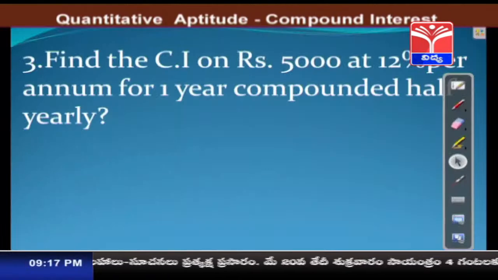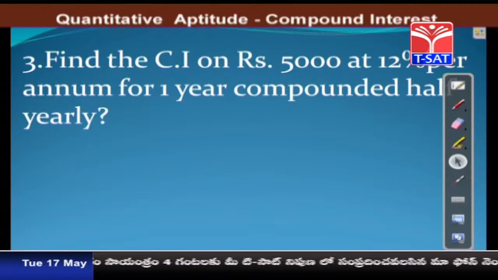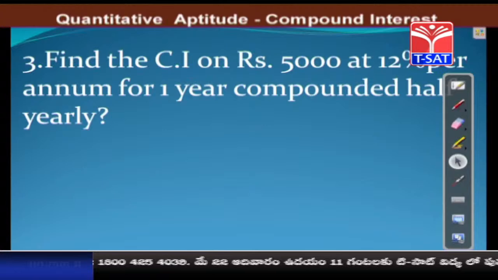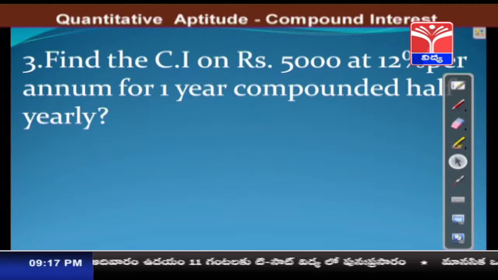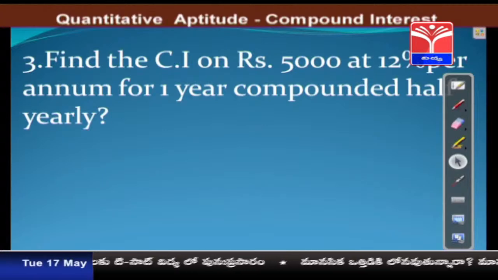Okay, here is the third question. Find the compound interest on rupees 5,000 at 12% per annum for 1 year, compounded half yearly. He asked you to find out compound interest. Principal amount, how much is given? 5,000 rupees. At what rate of interest? 12%.